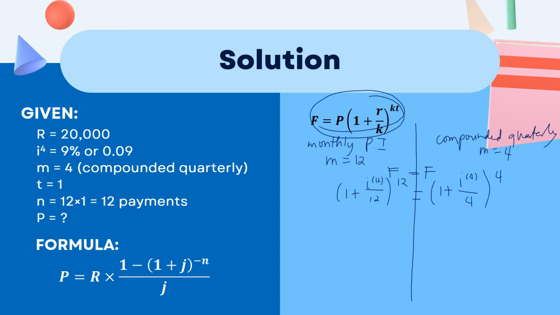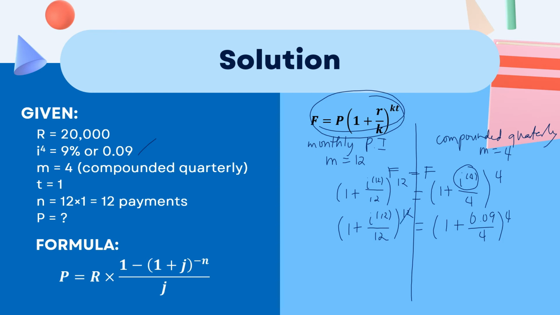So, raised to 4. Then, interest rate po natin is 0.09. So, diretso na po natin. We have now 1 plus J over 12 raised to 12 is equal to 1 plus 0.09 over 4 raised to 4.